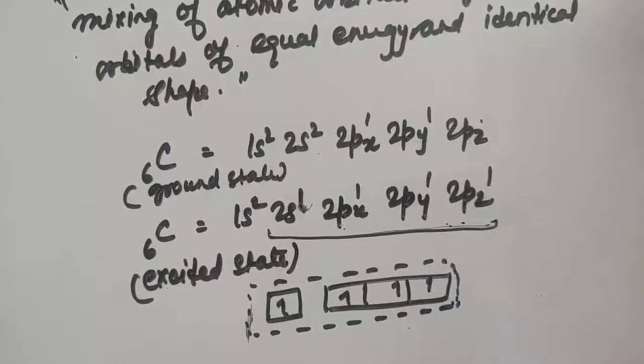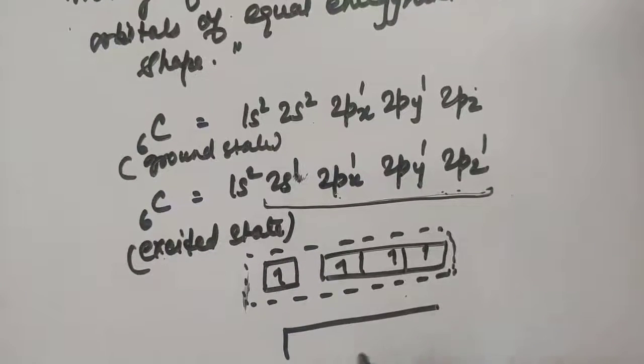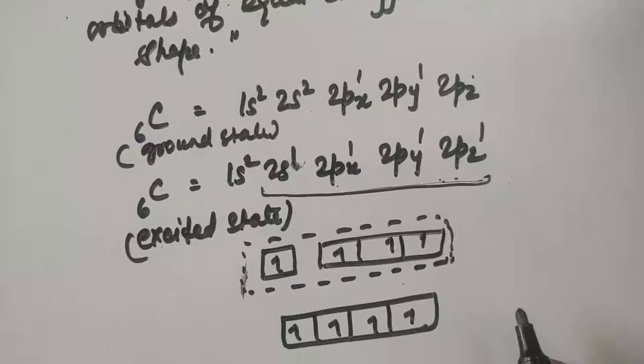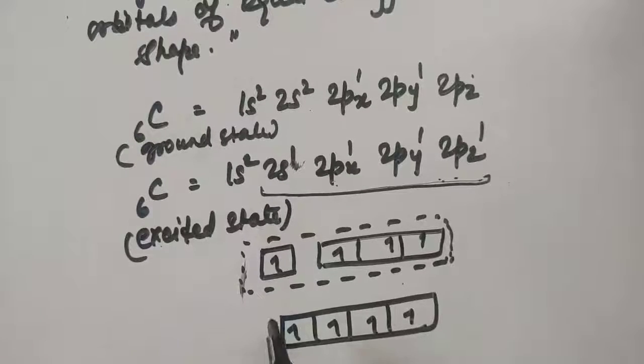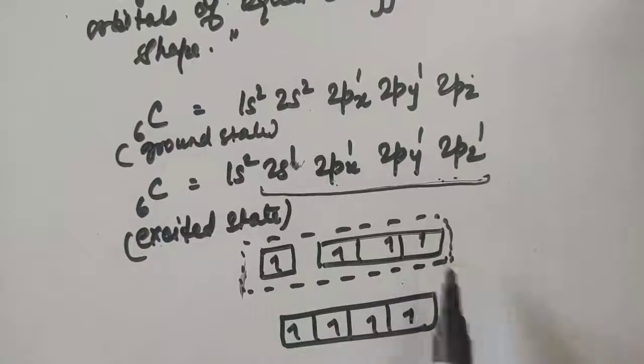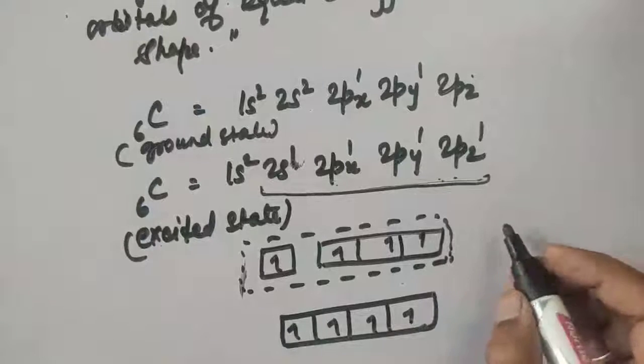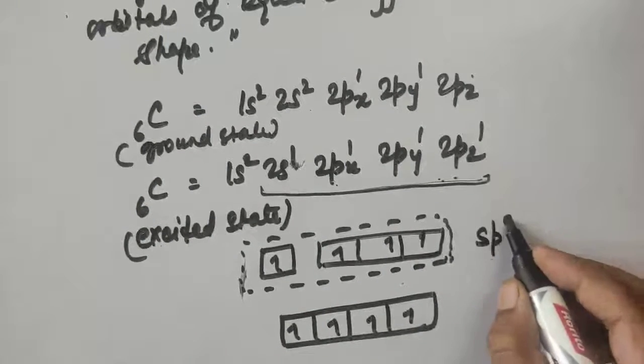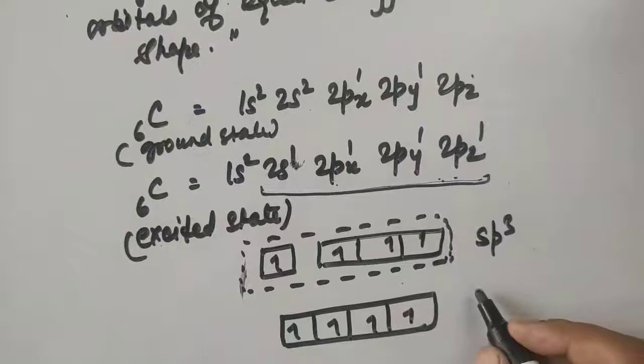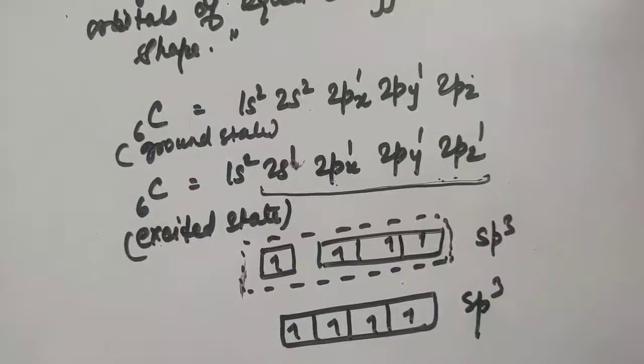This shows the hybridization, that means these orbitals are mixing up to redistribute their energies, or you can also show it like this. This also shows the hybridized orbitals, and since here 1s and 3p are mixing, the hybridization is sp3. This is sp3 hybridization.